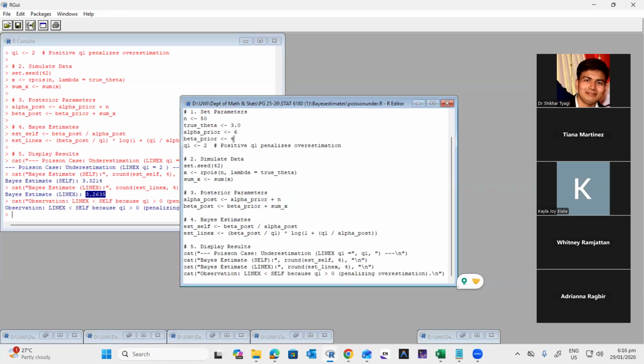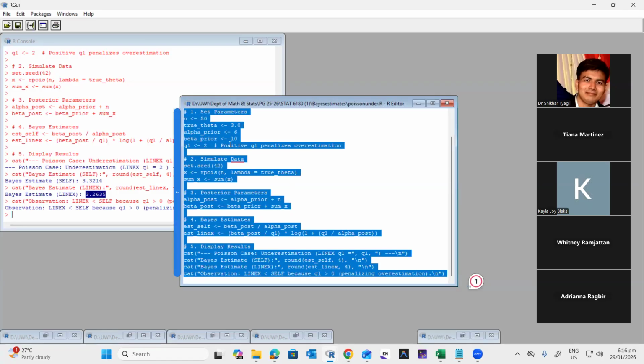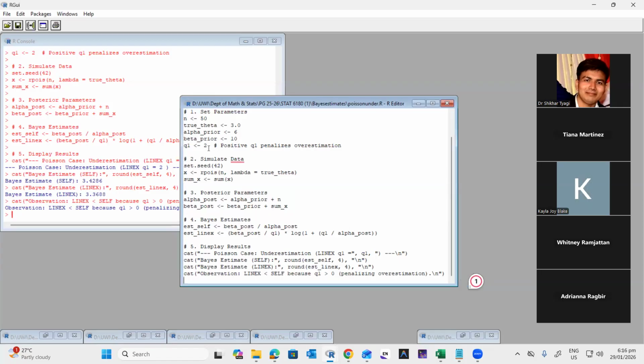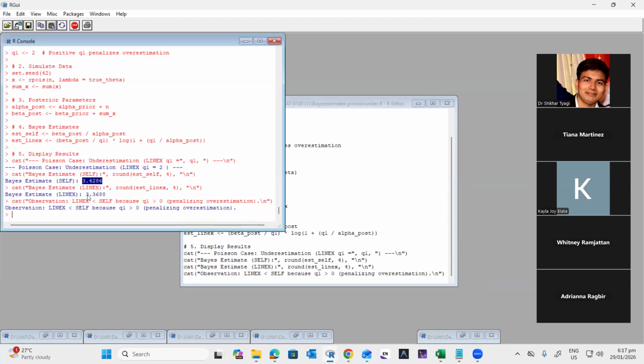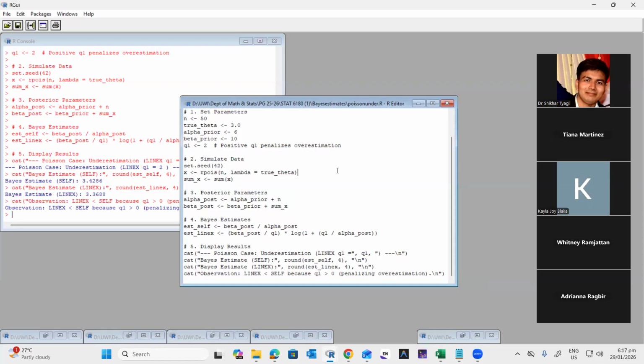All right, if we increase beta prior up to, say, 10, it is still performing better than the SELF, right? Because right now the value is 3.42 and here the value is 3.36, which is quite near to the actual value of theta, right? So it means that changing the value of the prior is not impacting that much.